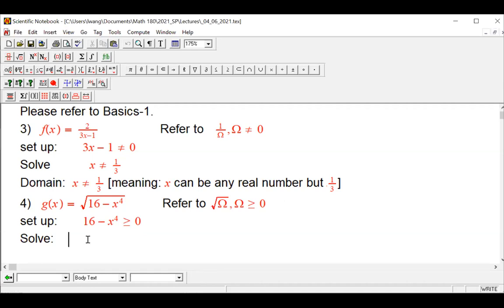Please try to solve that inequality and work out that domain.